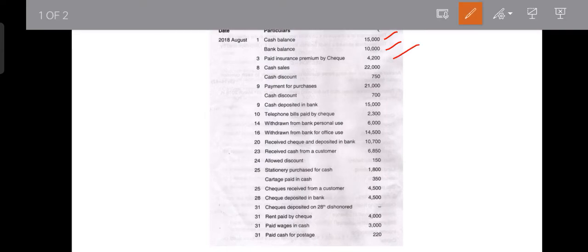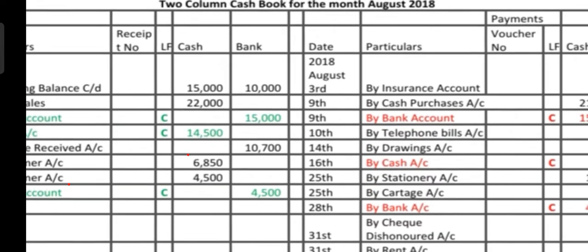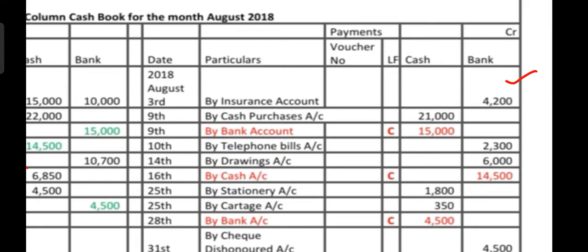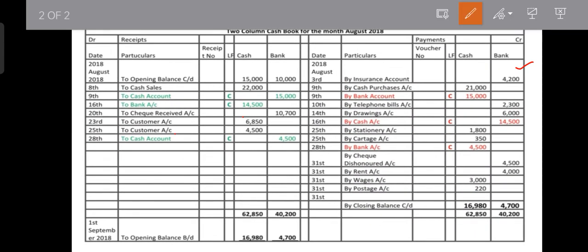Whether it is for expenses or a person, if you are making the payment, we need to record this under payment side. We are paying in the form of check, that's why this appears in bank column. Okay, we need to reduce the bank balance. Any transaction which you record under debit side means the balance is going to increase.